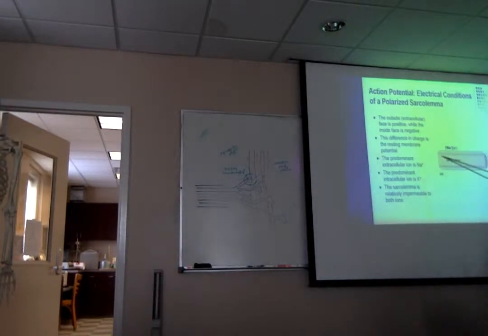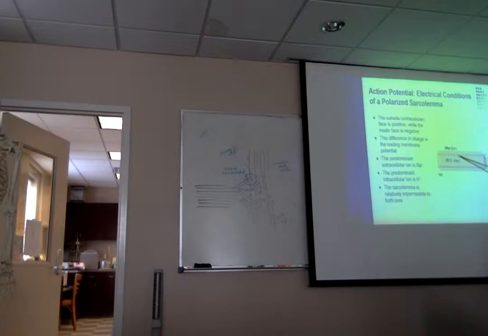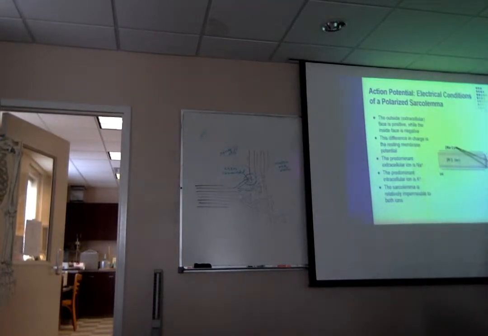The inside of the cell has a negative charge. The cell interior's major electrolyte is potassium instead of sodium. As a result of the differential in ionic composition, the outside of the cell has a positive charge with respect to the inside. This is called the resting membrane potential.